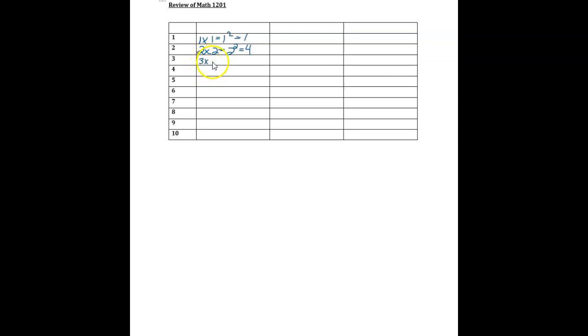3 times itself twice. And that would be 3 squared, or 9. So I think you get the idea here. Then you can have 4 squared, five squared, and we will just continue here with each of them.